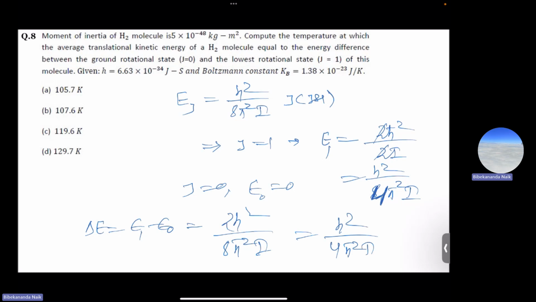Now this energy, according to the question, is equal to the average translational kinetic energy of H2 molecule. Now, considering the law of equipartition of energy, since the molecule is in 3 dimensions, it has 3 degrees of freedom. So for each degree of freedom, the energy for the molecule is half kT. So for 3 degrees of freedom, it will be 3 by 2 kT.